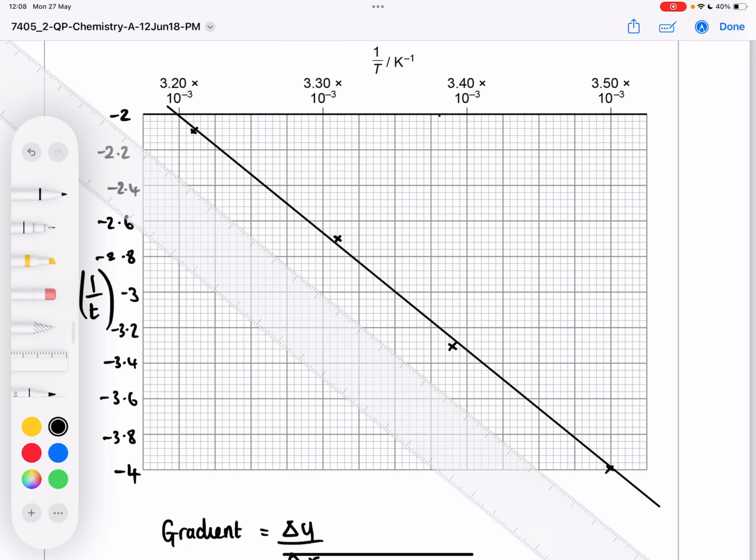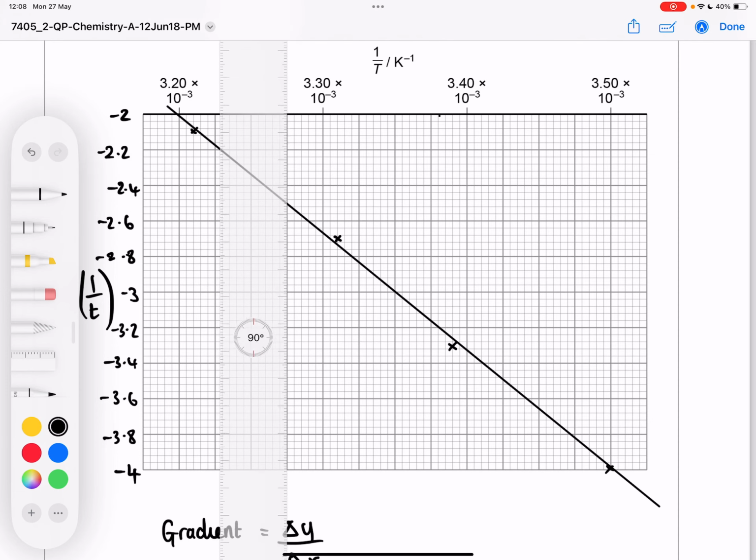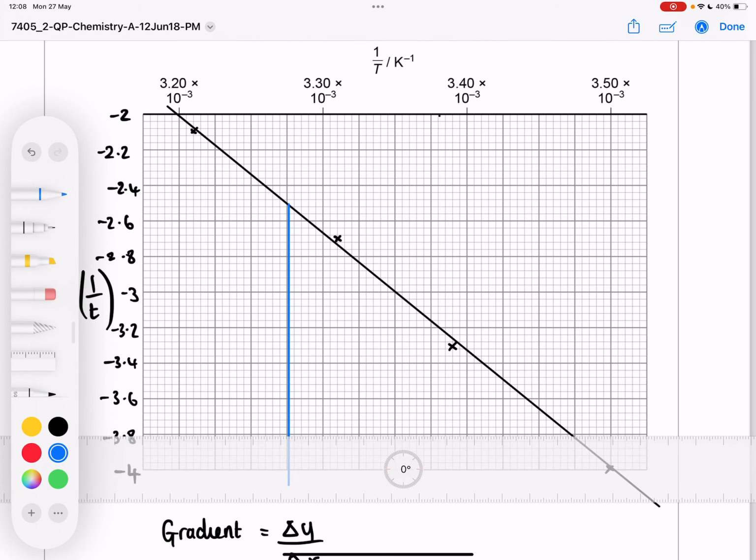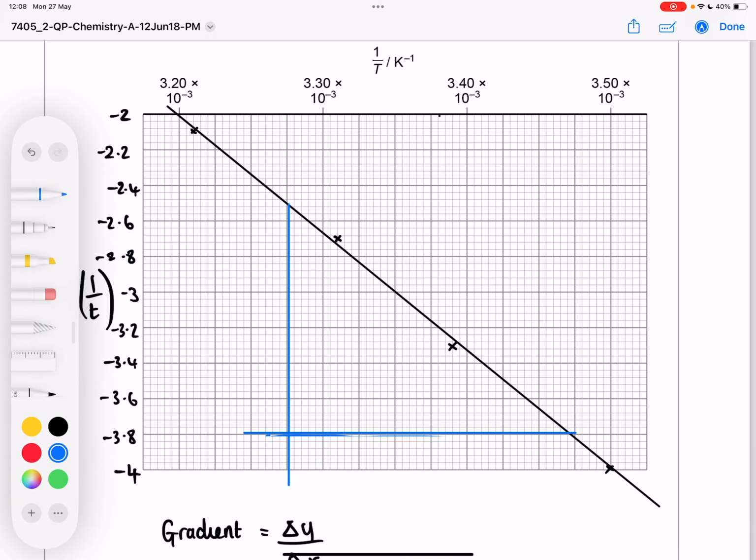I'm going to take my ruler and use a different colour pen so I can just see it, something like that, and maybe go to here. So this point here is 3.275 times 10 to the minus 3 and minus 2.5. And this point is minus 3.8.